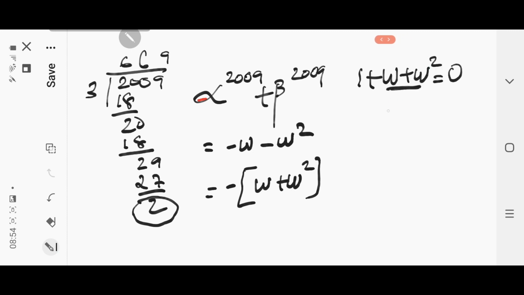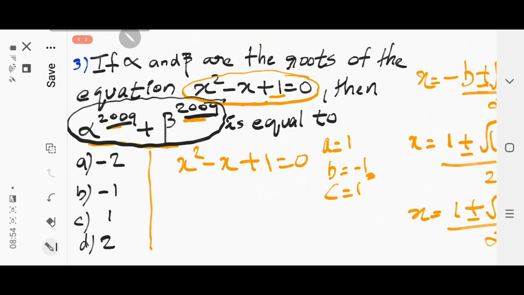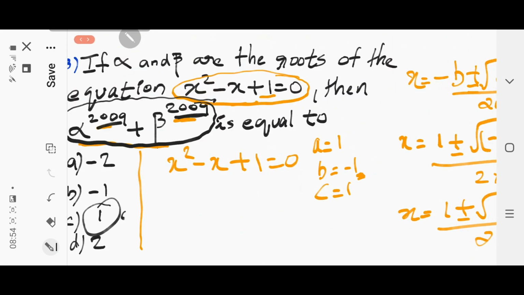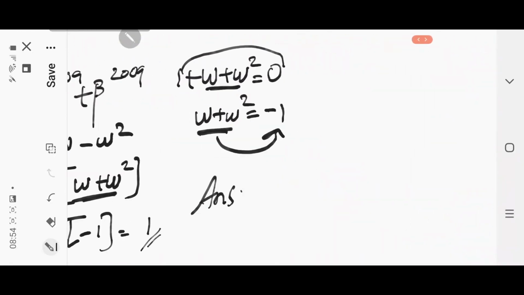That means omega plus omega square is equal to minus 1. Therefore, minus of omega plus omega square is equal to minus of minus 1, and the answer is 1. Going to the options, 1 is there. C is the right answer for this question. Is it clear?